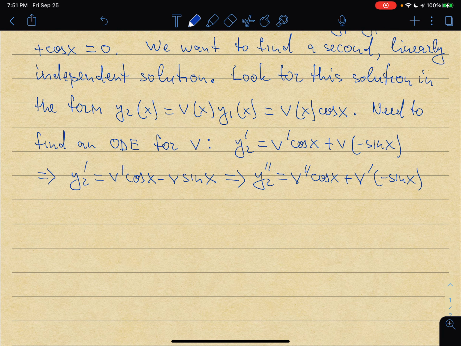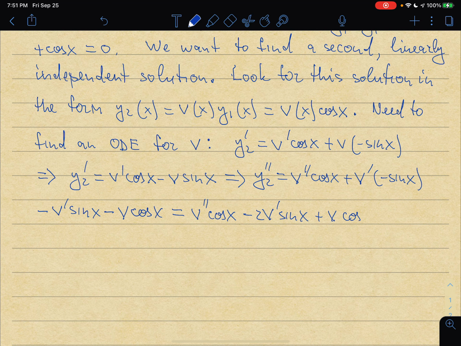And then I'm going to take the derivative of the second product, minus v prime sine x, derivative of the first times the second, minus v times derivative of sine, cosine x. So if I simplify that, I'm going to get v double prime cosine of x, and I have two terms that look the same, minus 2v prime sine x, minus v cosine x, and that's my second derivative.